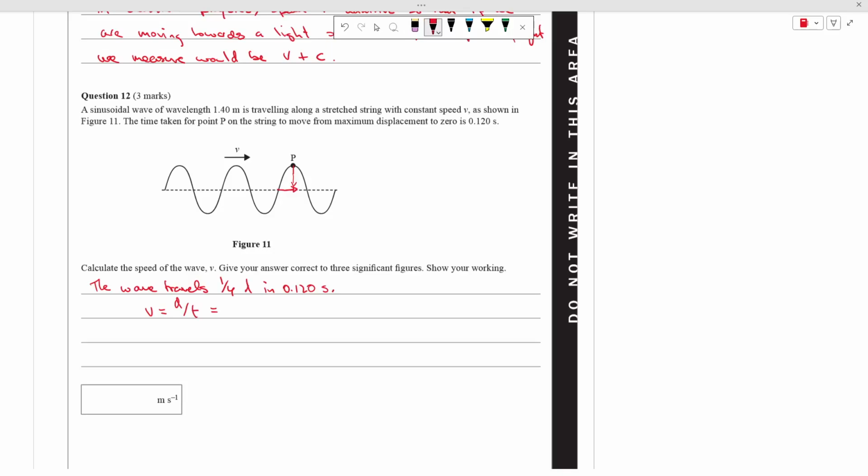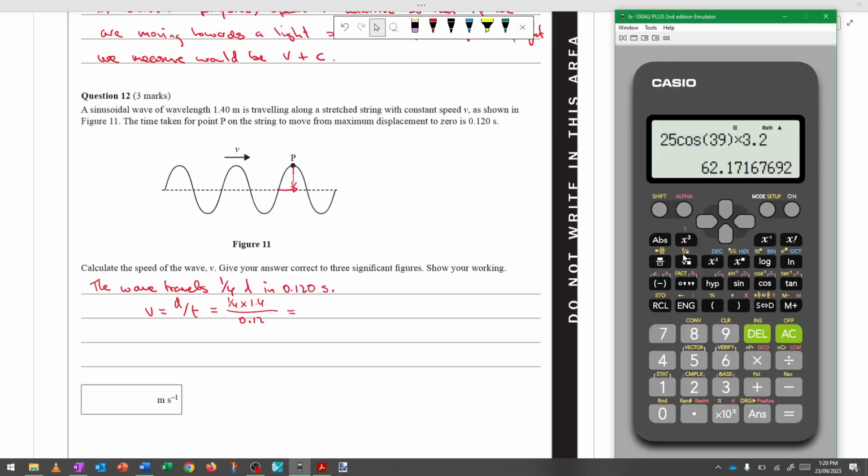The distance it travels is 1/4 of the wavelength, so 1/4 times 1.4 over the time taken to travel that distance, 0.12, and that's going to give us a speed of 0.25 times 1.4 divided by 0.12, 2.92 meters per second.